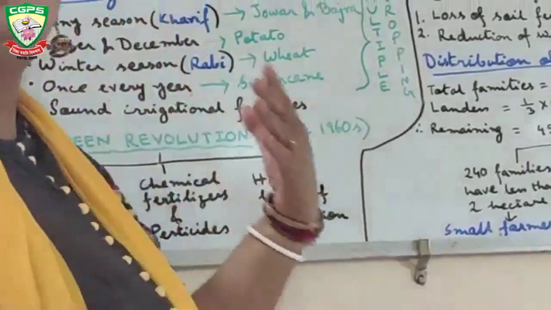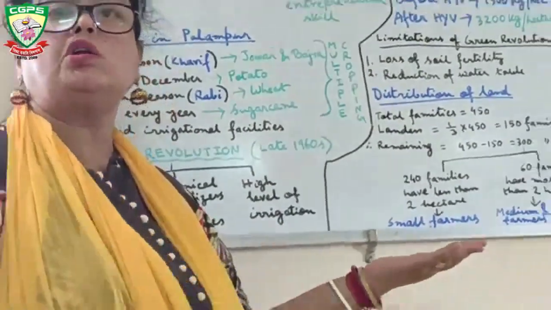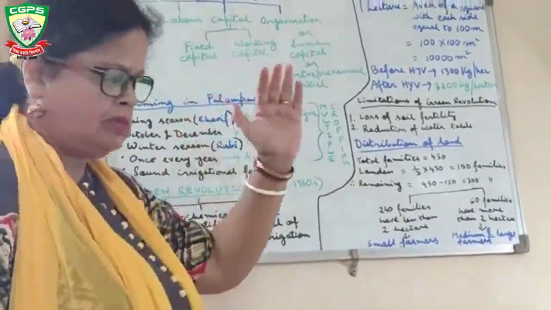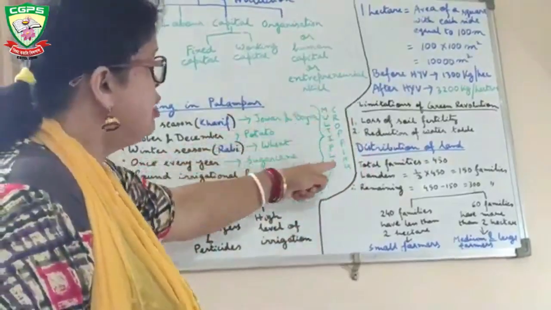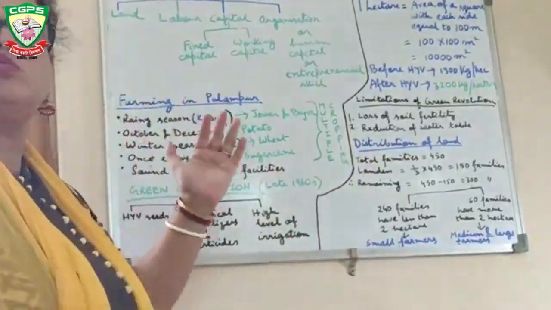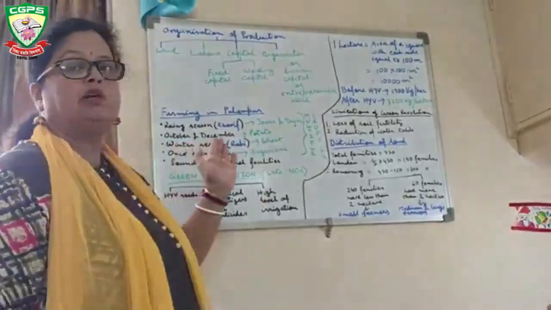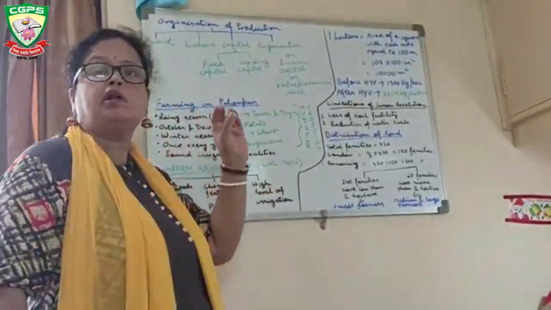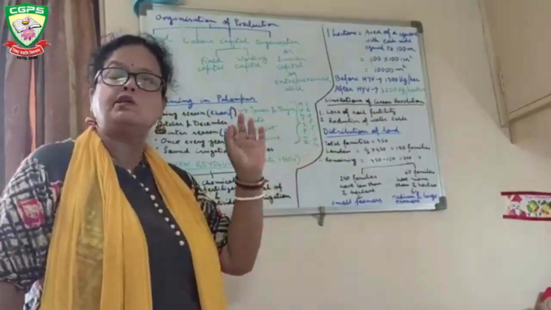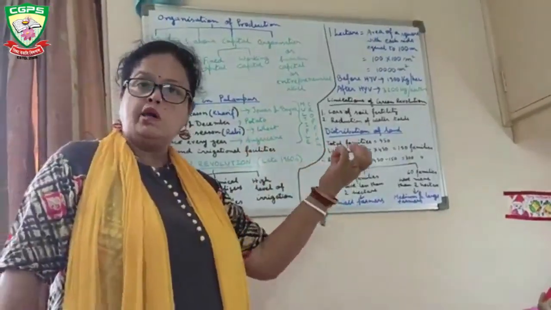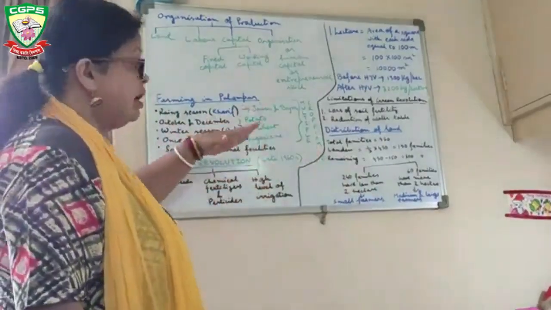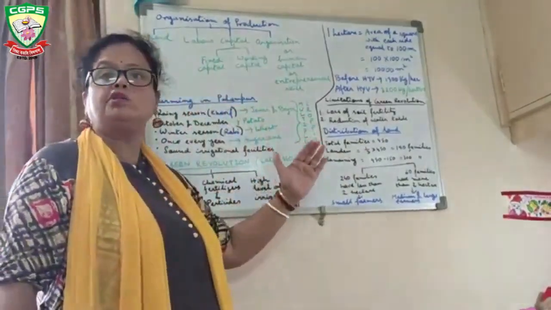Before the introduction of this green revolution or modern farming method, the farmers used to adopt this multiple cropping method, or the old method of farming where HYV seeds were not used. Their traditional seeds were used. जैसे बीज को सुखा के फिर उसको यूज किया जाता था, वो मेथड चलती थी, and where high level of irrigation was not needed.